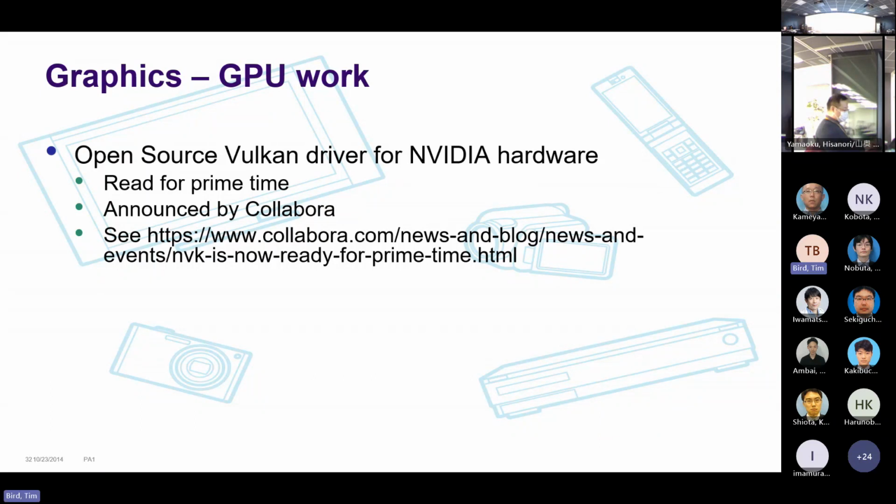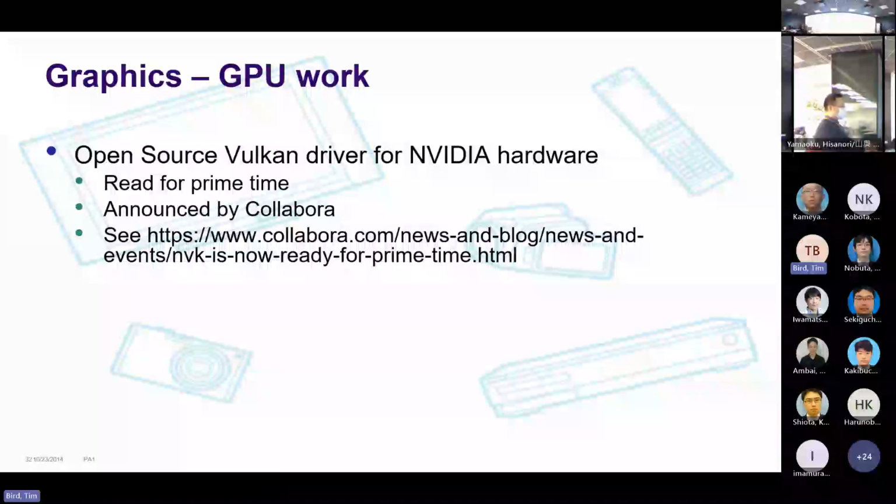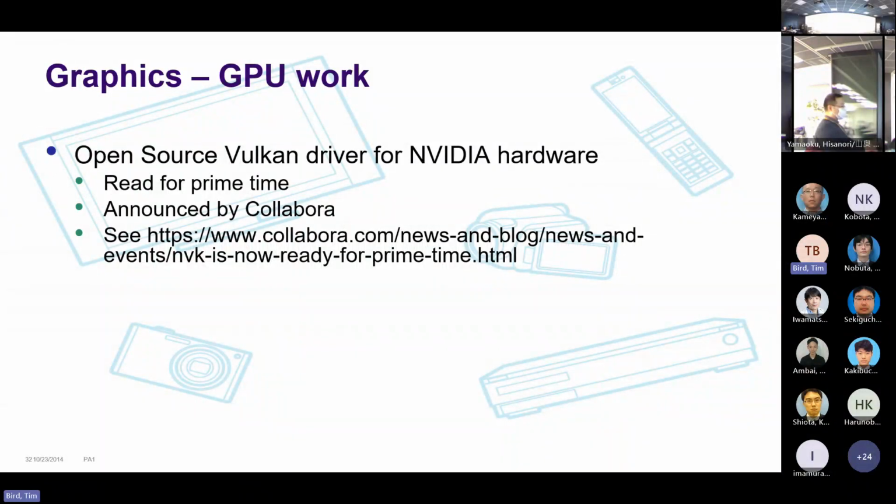In terms of graphics, there's been some GPU work on both the Panfrost driver and the NVIDIA open source drivers. Of course, AMD continues to do a lot of GPU work in the open, but NVIDIA usually doesn't, so this was interesting news. Just last month, Collabora announced that they have an open source driver for NVIDIA chipsets that is ready for primetime use.